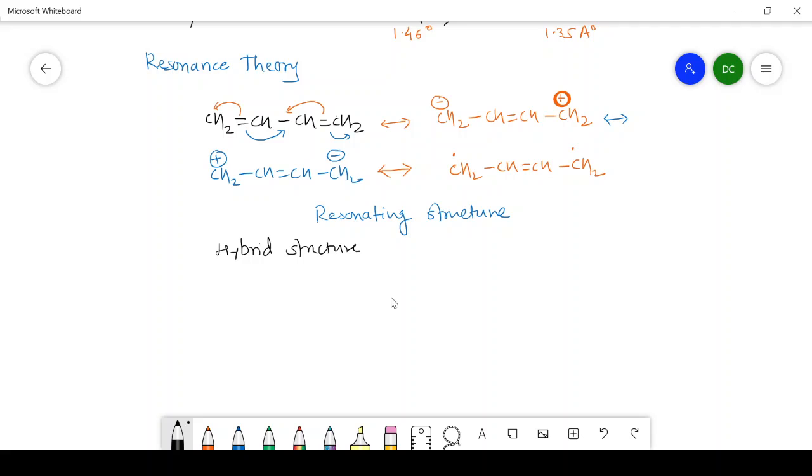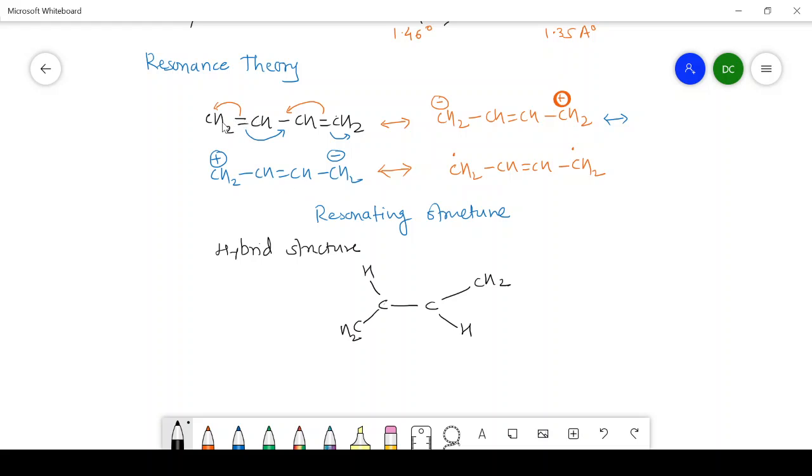like this. To write the hybrid structure, I will put here carbon, single bond carbon. This carbon is attached to CH2. It is attached to hydrogen and CH2. From this resonating structure, it is clear that the double bonds are not fixed ones.